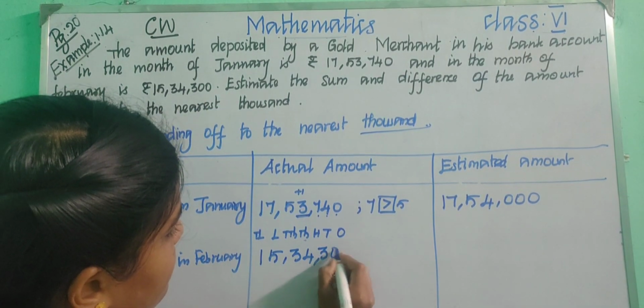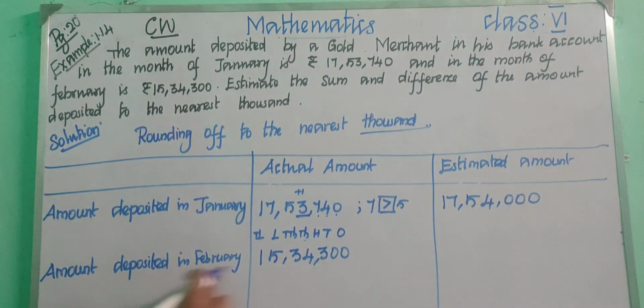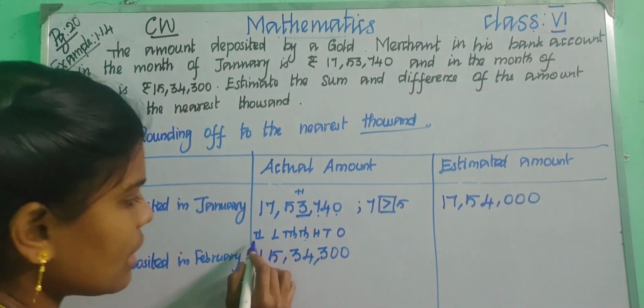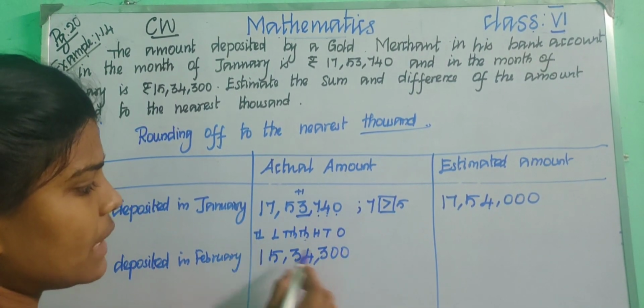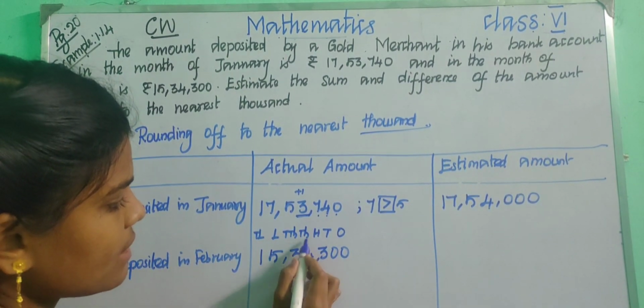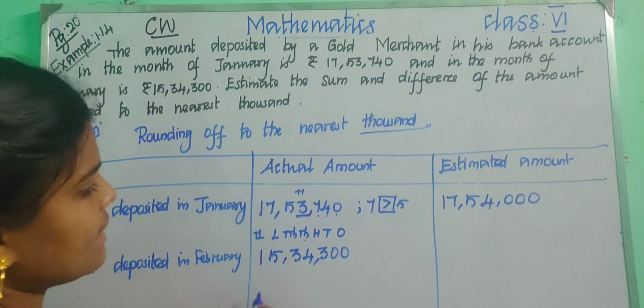Okay children, so this is the amount deposited in February. So let us round off this. Already we have written the place values, right? So it's ones, tens, hundreds, thousands, 10,000s, lakhs, and 10 lakhs.